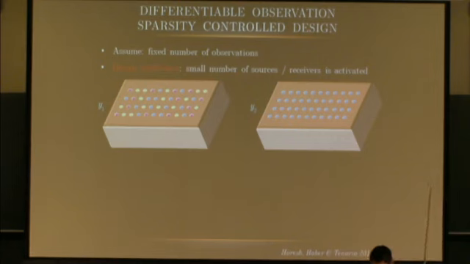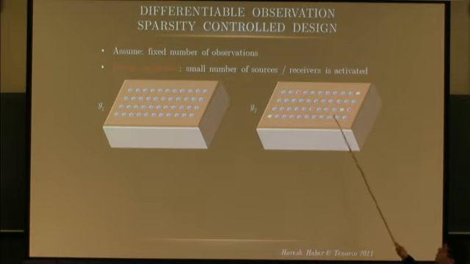So here is one example experimental design setting: 1, 2, 3 observations versus 1, 2, 3 observations. Obviously, the observations here are far sparser than the one we had before. We have a far smaller number of sources and receivers in this experiment versus the other one.